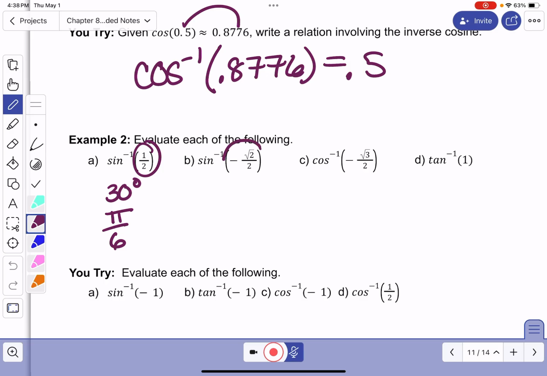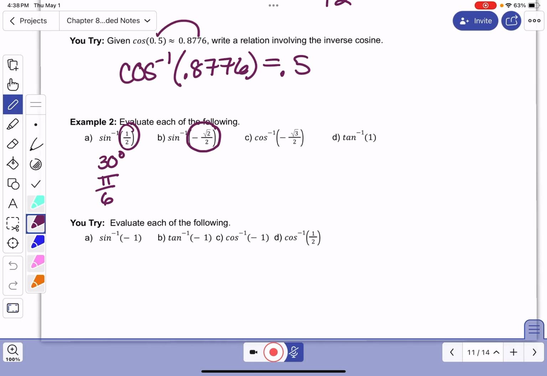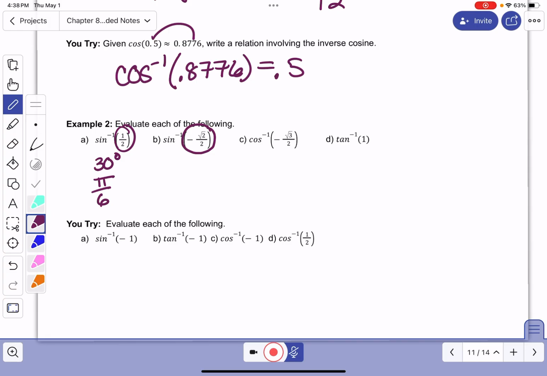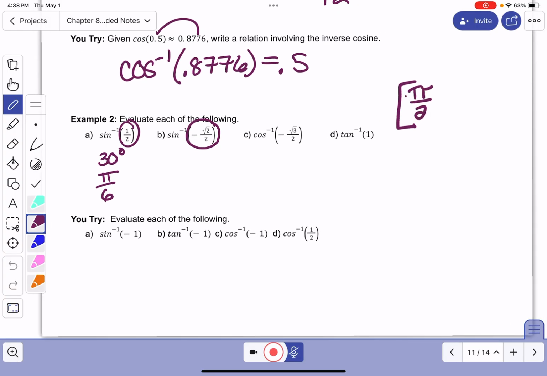Now we want to know when the inverse of sine is negative root 2 over 2. That table has all positive values. So what we're going to do is we're going to set a range for each one. Sine, we're going to do negative pi over 2 to pi over 2.